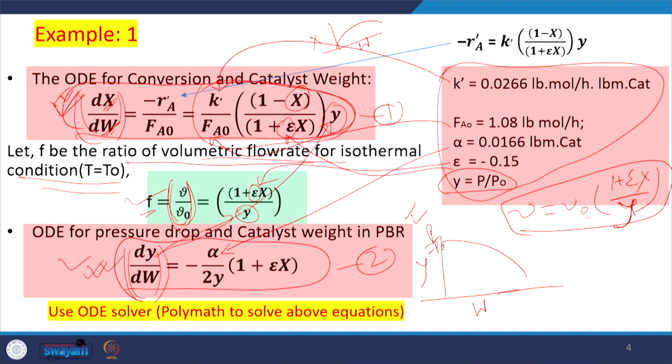I am showing here how to use the ODE solver of Polymath. These are the differential equations we need, these are the explicit equations, and these are the parameters we need. You have to put them in the Polymath software one by one, and supply the initial guess values and the range within which to solve this.